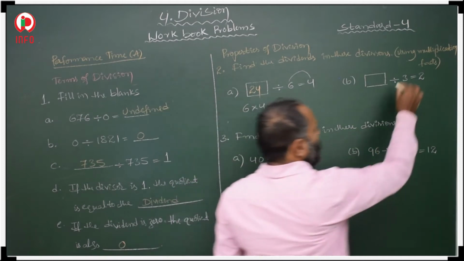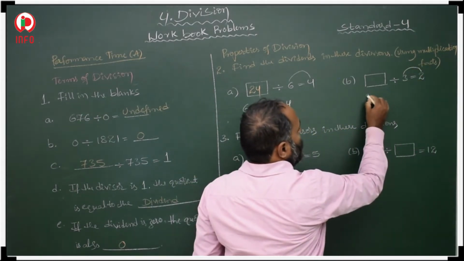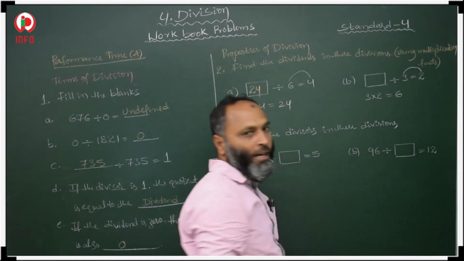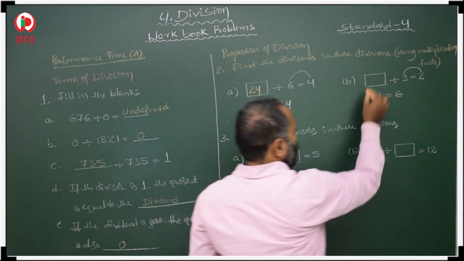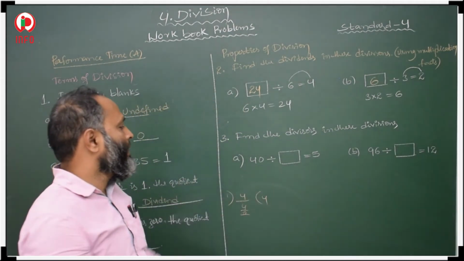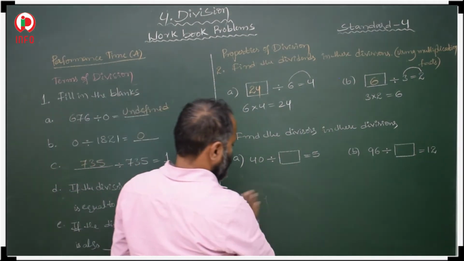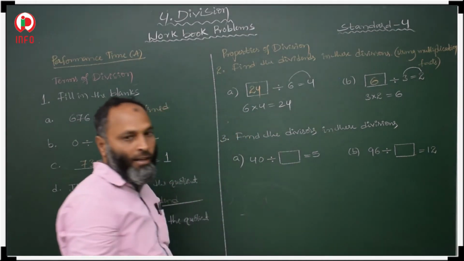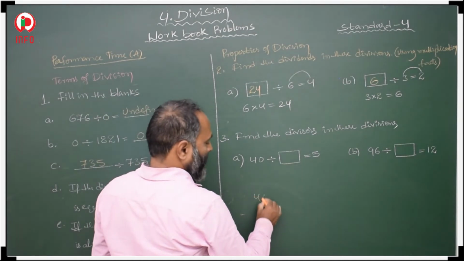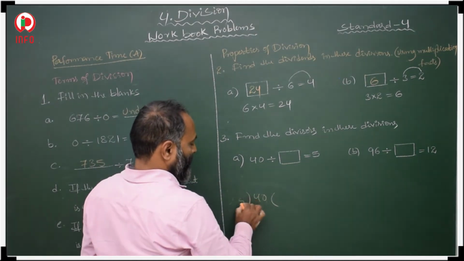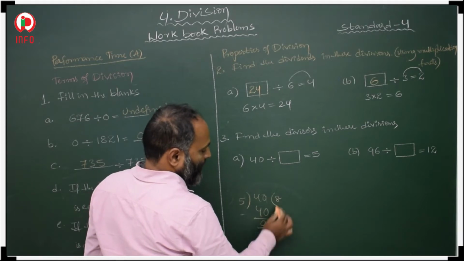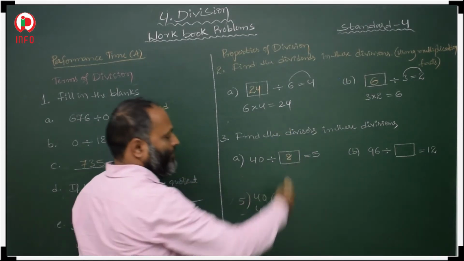Here also, divisor with quotient, then you will get the dividend. So what is our answer? 6. Then here the dividend is given and the quotient is given. So how to find the divisor? Using division fact. How? 40 divided by 5. 5 8s are 40. Then what is our quotient? 8.